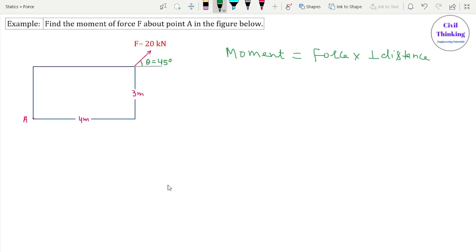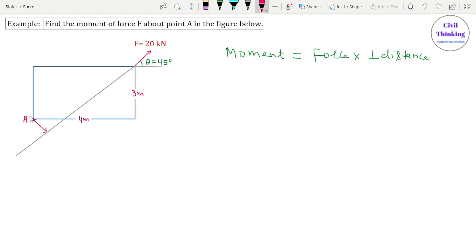So if you want to find the moment of this force about A, we have to find the magnitude, which is 20, and the perpendicular distance of this force from A. So let us assume this is the line of action of this force, and the perpendicular distance is something like here, right?